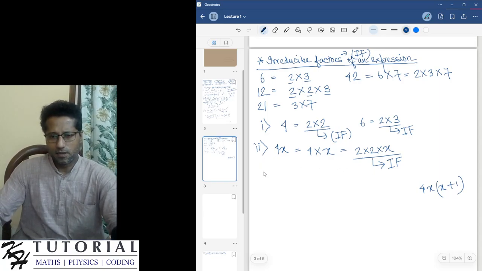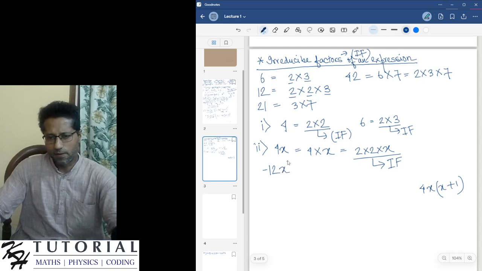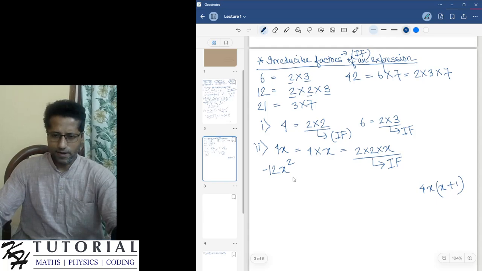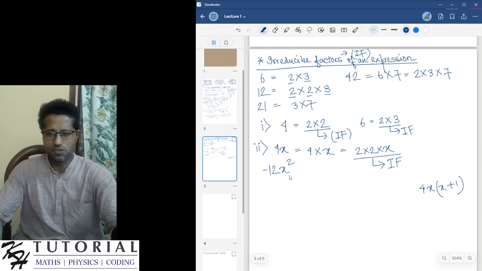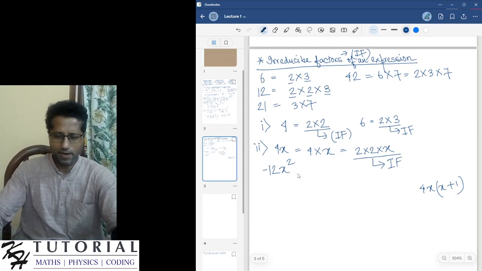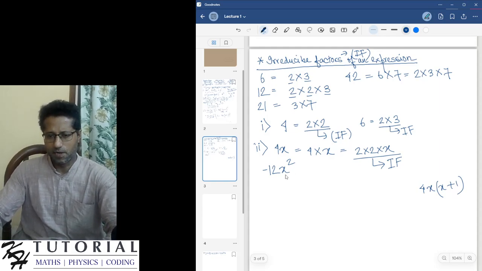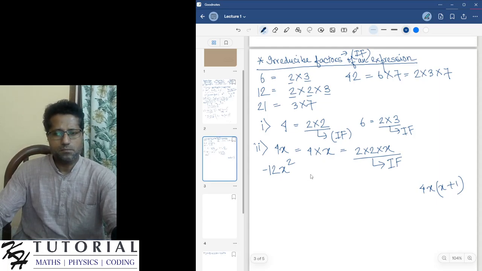So let's take another example. Let's say minus 12 x square. This is a factor. Of course, this might be a factor of some algebraic expression, but this is not an irreducible factor because we can further express minus 12 x square as a product of some factors.